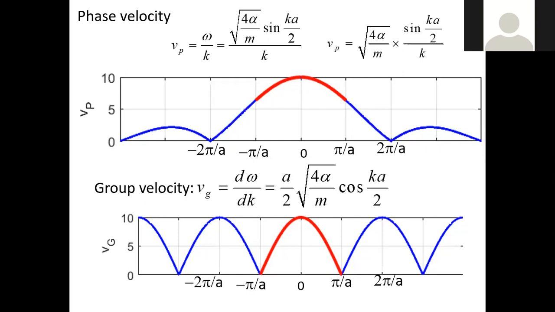So you see the variation of group velocity will be just like this. So we get two variations here: one is the phase velocity and one is the group velocity. Again, I'm telling what is the relevance of phase velocity and group velocity here in lattice dynamics. I told you that lattice dynamics is nothing but the vibration of the lattice as a whole.